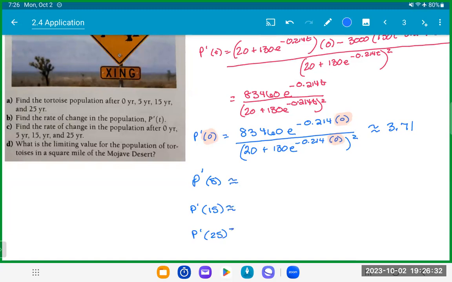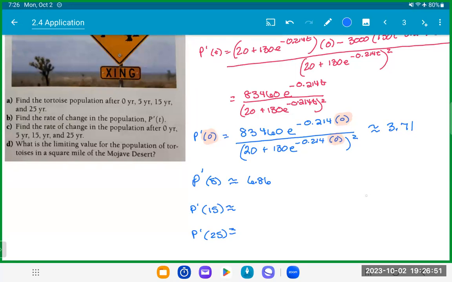So for each of these, we end up with a slightly different number. So we have 6.86. So you can see we're going from 3.71 a year, but 5 years later, now we're growing at a rate of 6.86, right?